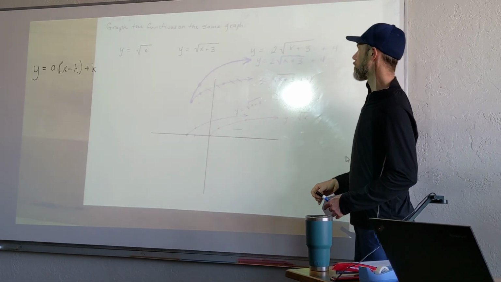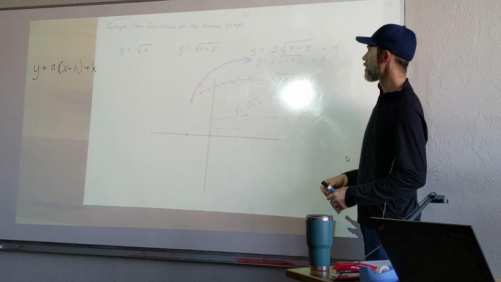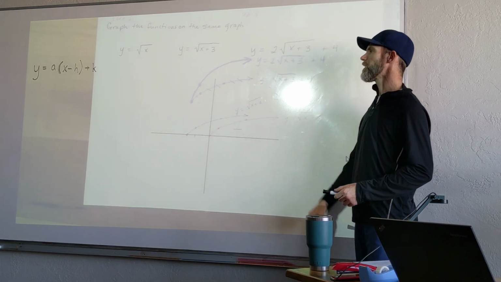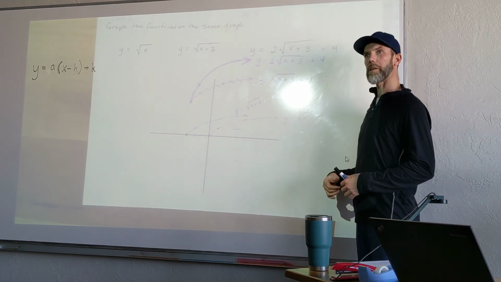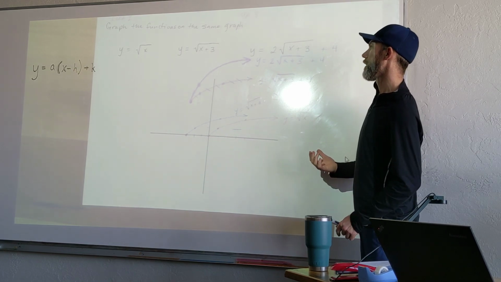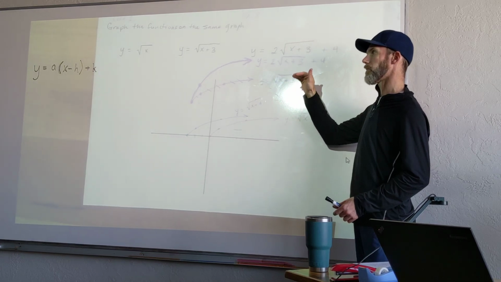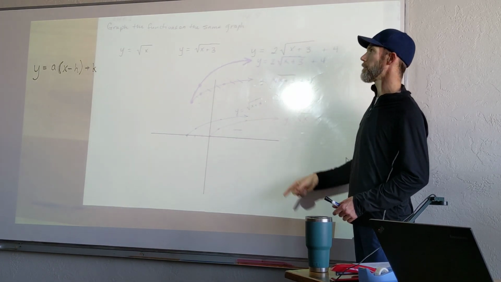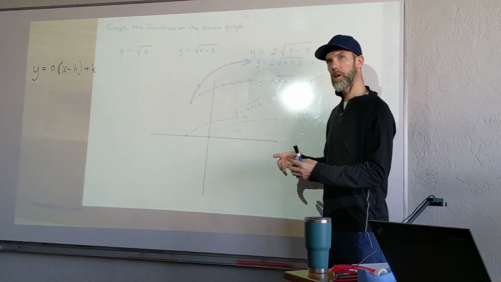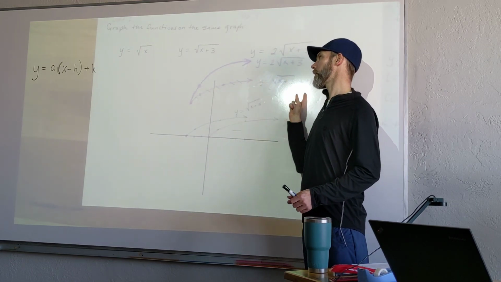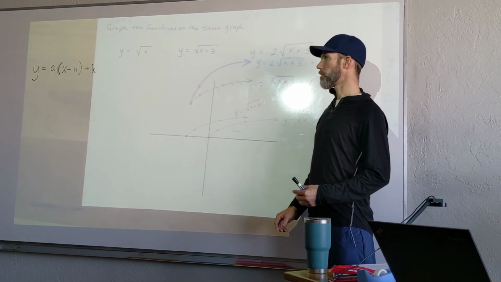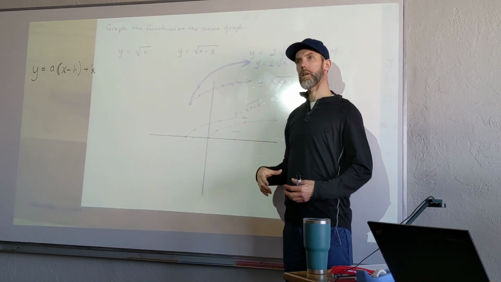How come you wrote it without the doubling? Just because it's kind of an intermediate step to get me there. I think I just saw that this was shifted up 4. I shifted it up 4 without noticing the 2, and I'm like, oh yeah, then I have to stretch it also. So this is just an intermediate step to get to this. I see. So I get the right location and then I stretch it.